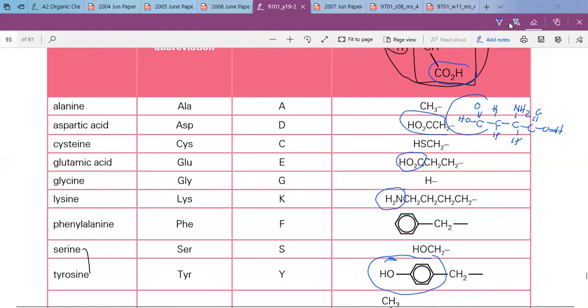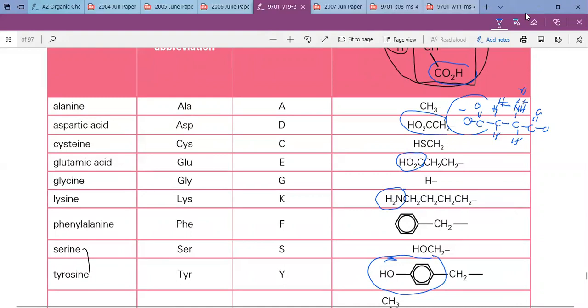So I'm going to mark it off. Here we don't have it anymore. Here also no more. Instead there will be a minus sign here, and here will be an NH3, one here, another one here, with a positive sign.